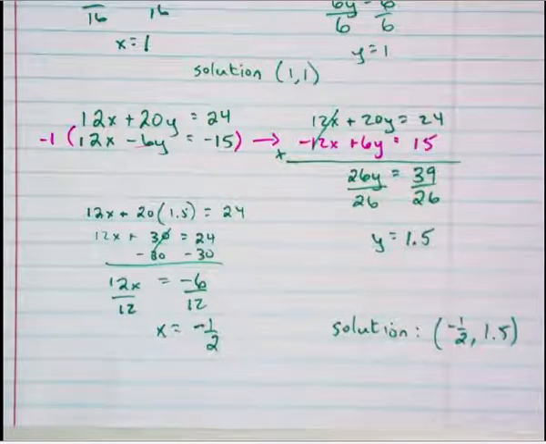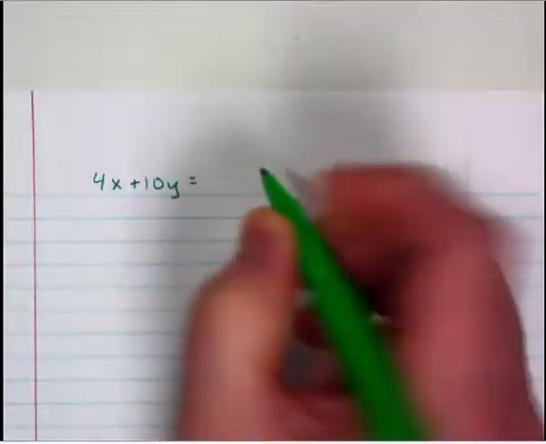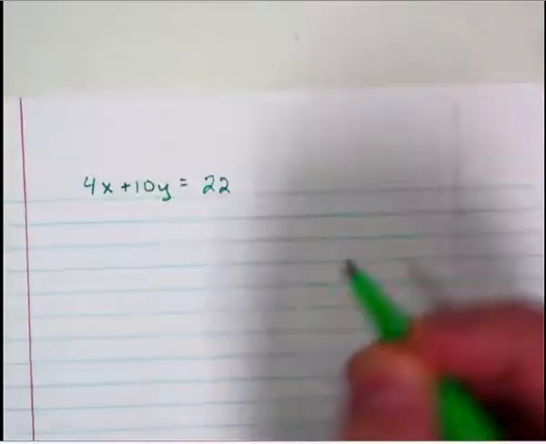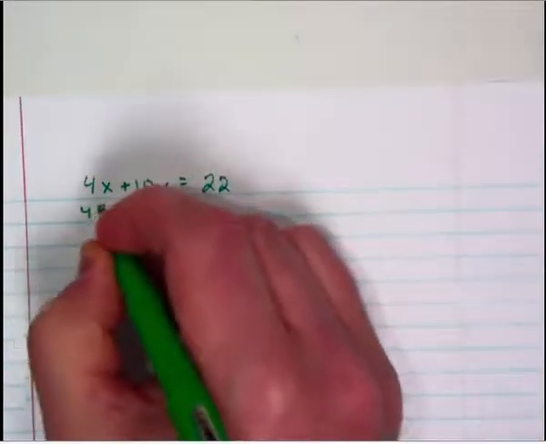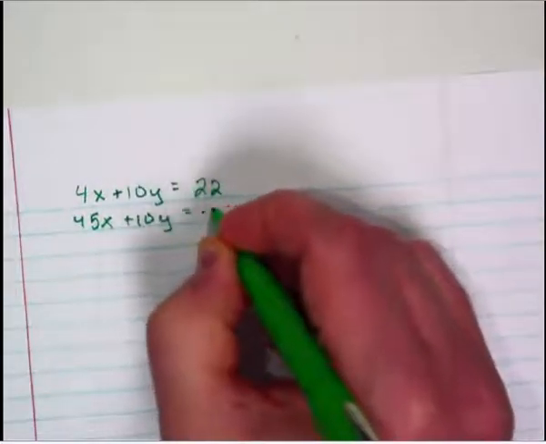Let's take a look at just one more together. So if I give you 4x plus 10y equals 22, and 45x plus 10y equals negative 60.